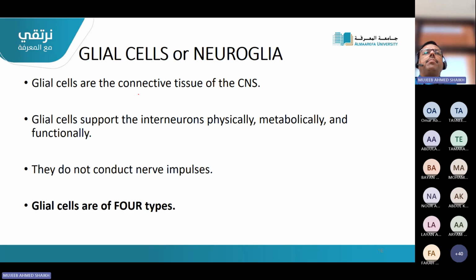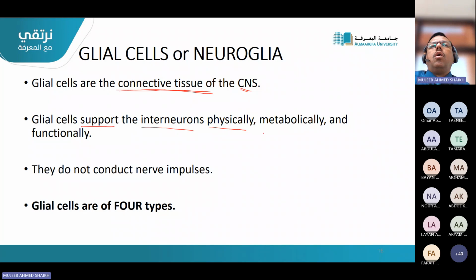They are mainly made up of connective tissue. Glial cells are the connective tissue or supporting cells of the central nervous system. What will they do? They will support the interneurons physically.